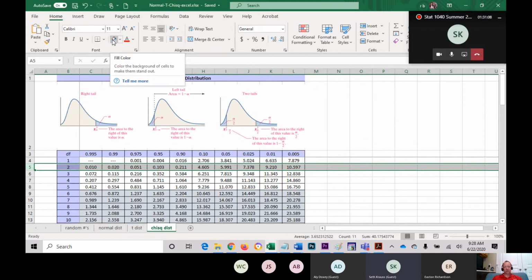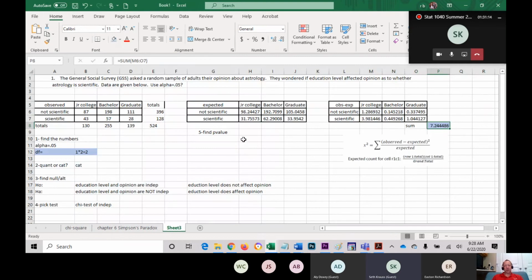It would be in between 0.05 and 0.025. Yeah. So typically when we're doing that, we will write it with the smaller number first. So 0.025 is less than p-value is less than 0.05.